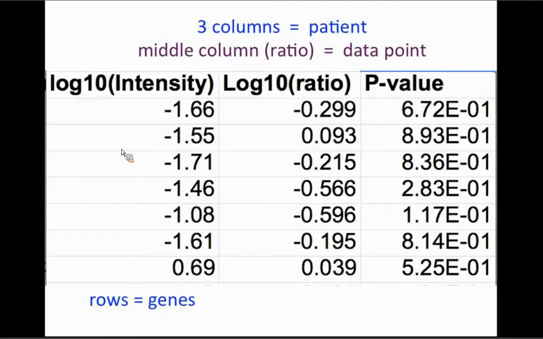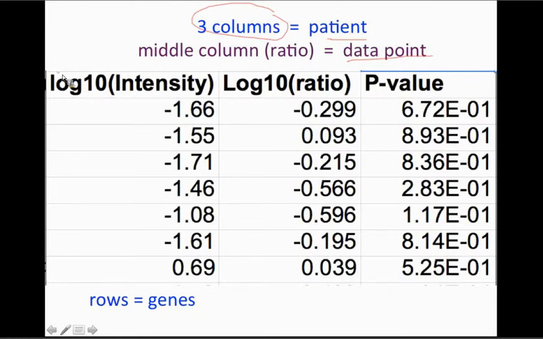So this data actually has 3 columns that correspond to 1 patient. We're going to have each patient being our data point. So our patient will correspond to a data point, but we've got 3 columns, and we're actually not going to take all 3 columns.